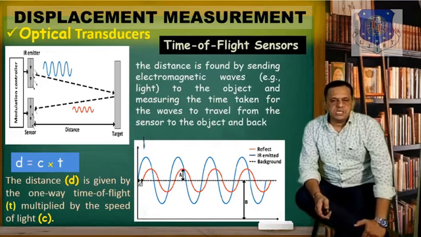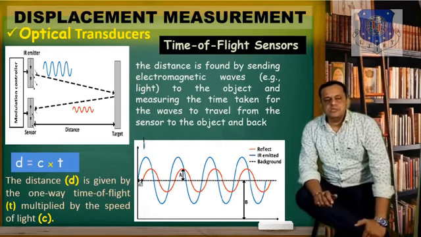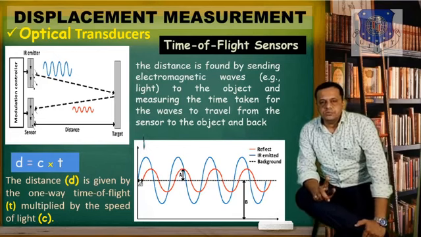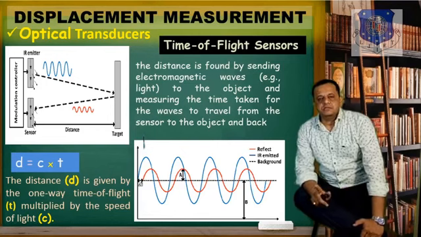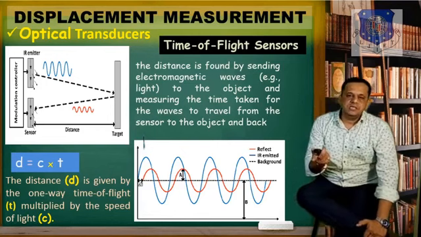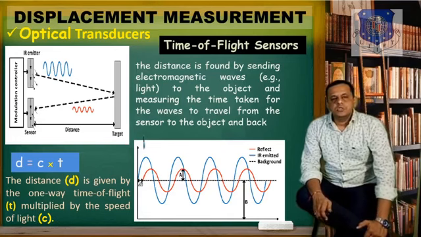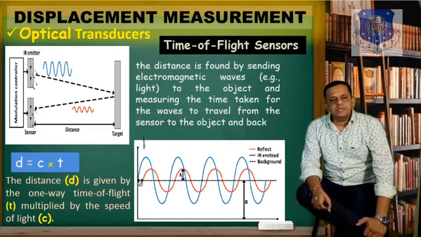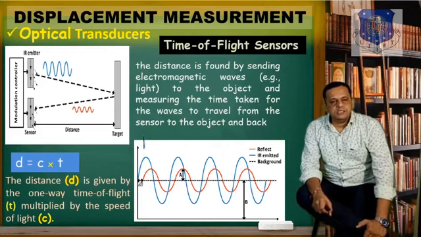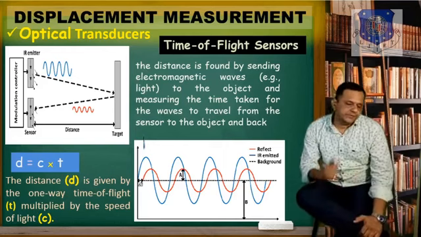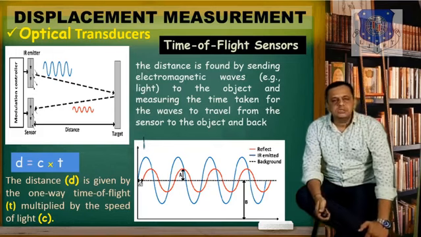The blue wave is the emitted IR that is sent, and the red wave is the reflected one. So distance is given by the one-way time of flight multiplied by the speed of the wave, which is somewhere around 343 meters per second.